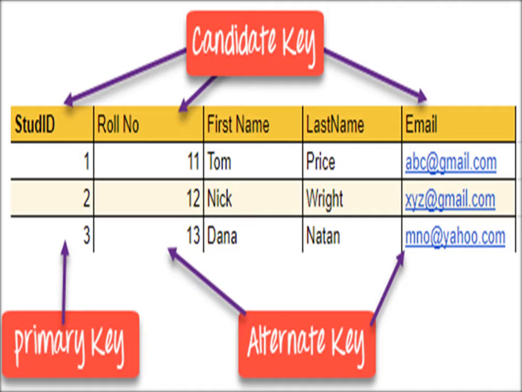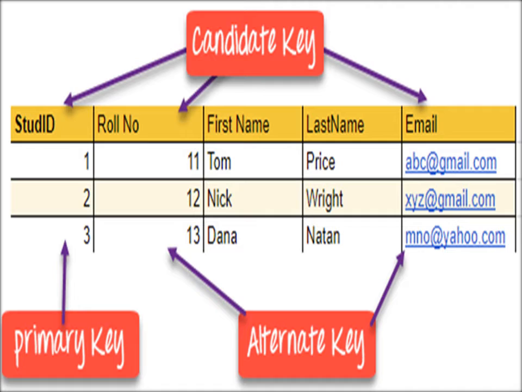Now, as you are aware of the concept of primary key, the field which does not have a duplicate value or a null value, we can choose it as a primary key. So here student ID, roll number, and email, these three are qualified to be a primary key. Why?